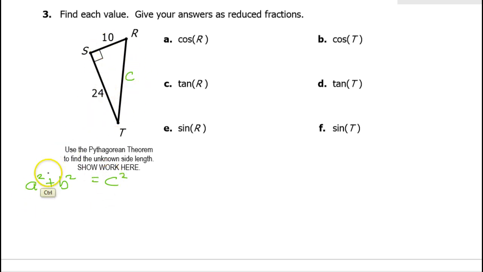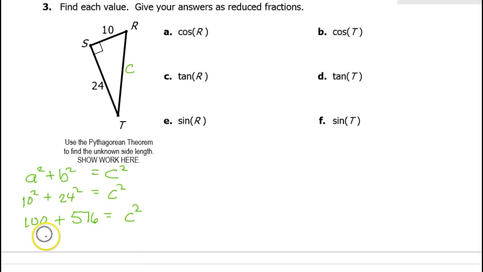So we're talking about 10 squared plus 24 squared is going to equal the hypotenuse squared. So that's 100 plus 576 is equal to c squared.